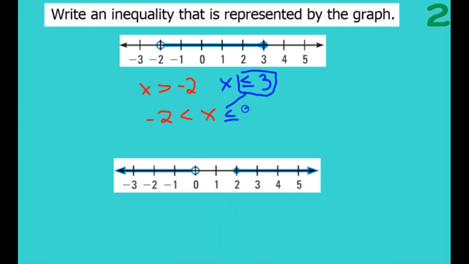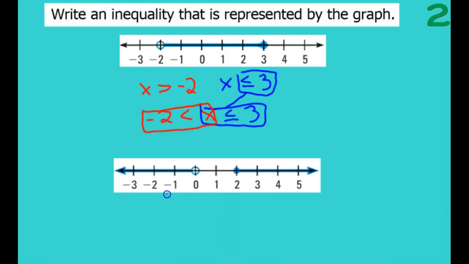So is less than or equal to 3. So we have one problem right here, and the other problem is right here. This would be our AND inequality. -2 is less than x, which is less than or equal to 3. So the answer for x could be anything in between 3 and -2.